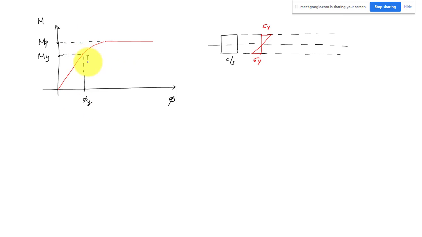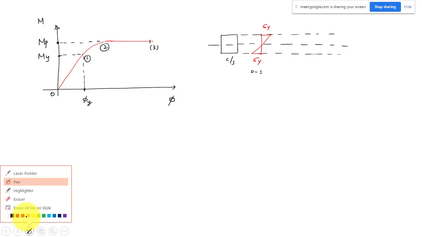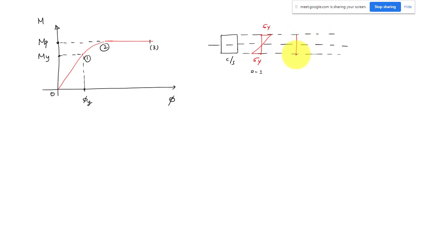Let me call this point 1, this point 2, and this is the origin, and somewhere here 3. In this region 0 to 1, this is the stress diagram, and after that it becomes partially elastic, partially plastic. So elastic, then plastic, and this is in 1 to 2.